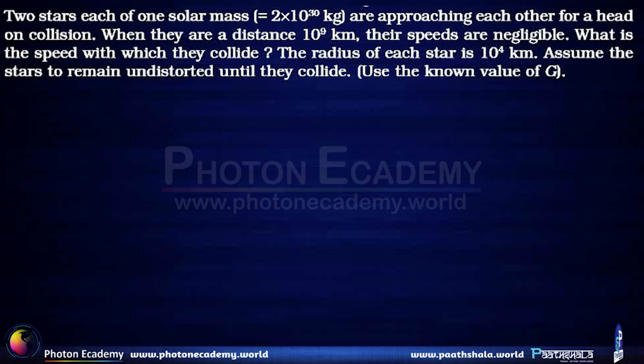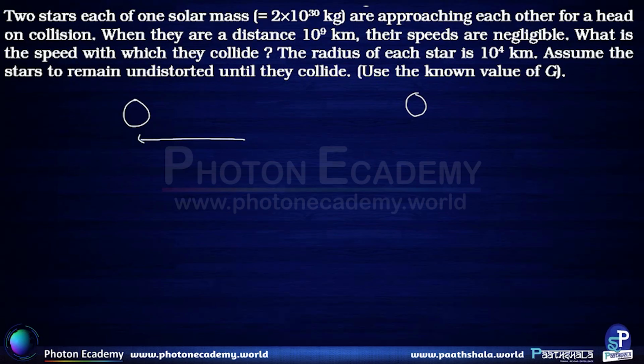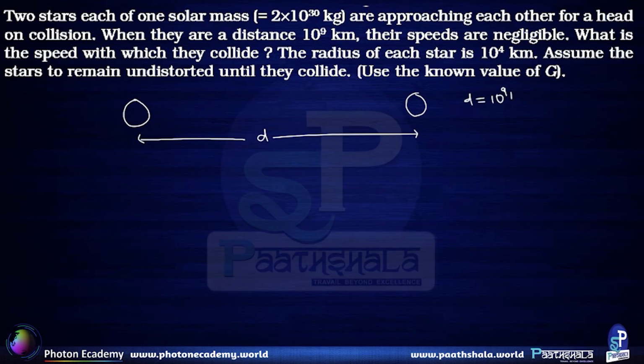So let's say this is the initial state, in which they are at a distance of 10^9 kilometers. The distance between the centers of mass of both the stars is 10^9 kilometers, and this is 10^12 meters.